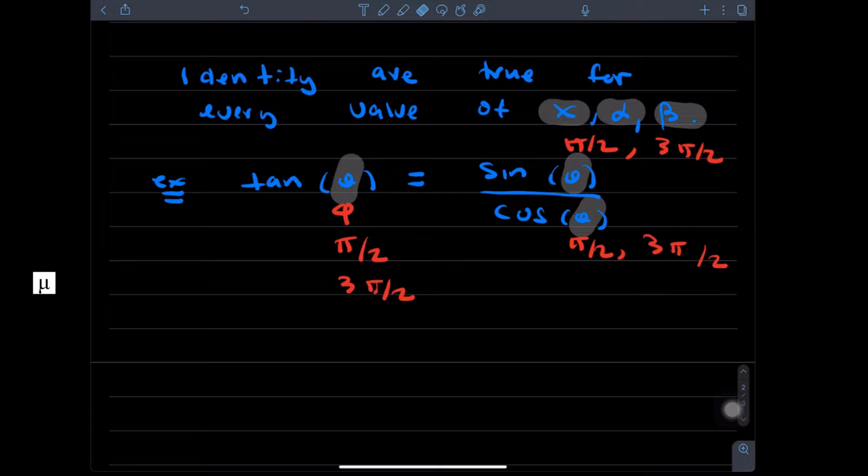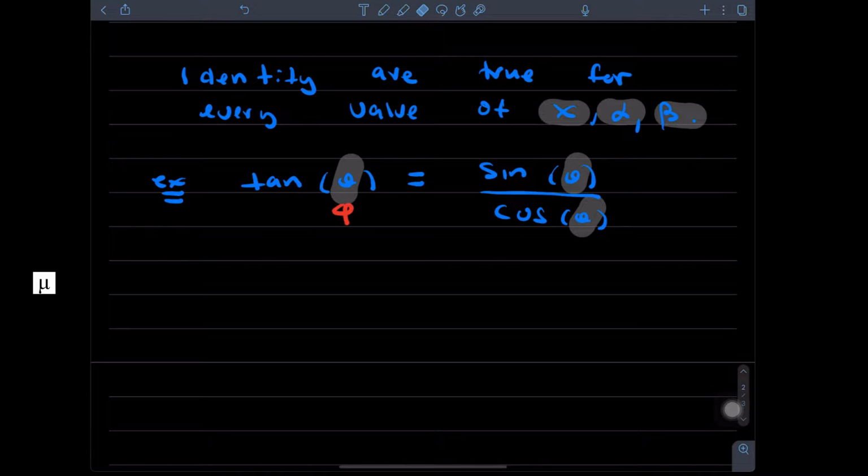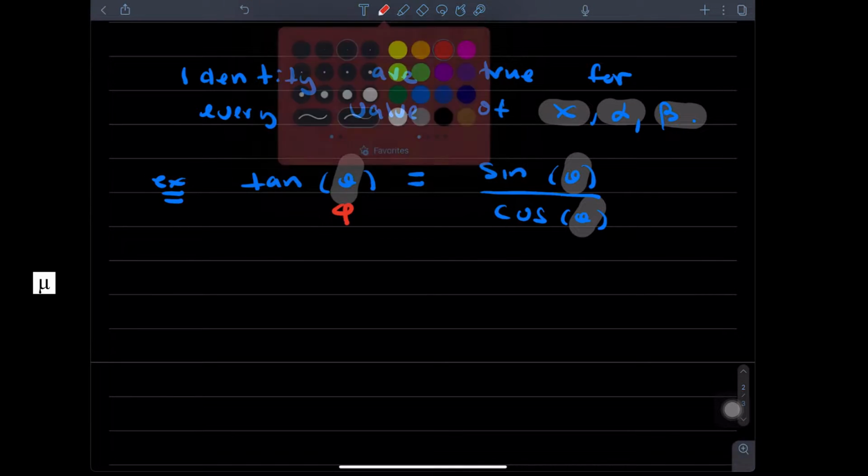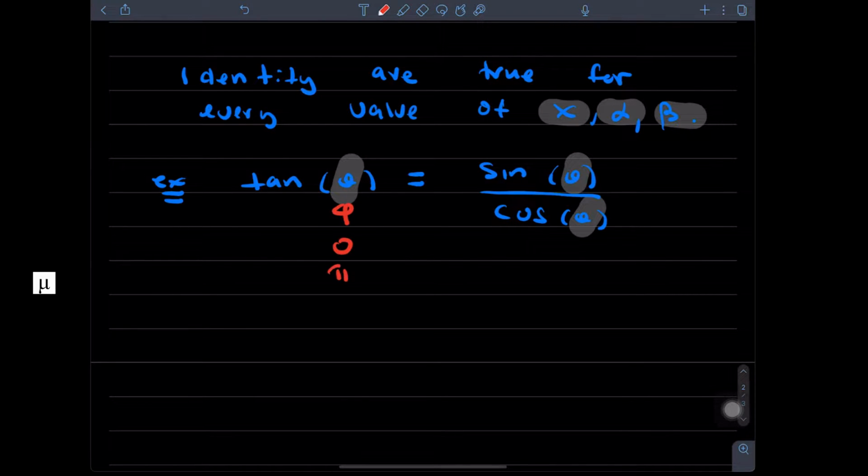These are not going to work because it'll be undefined as a ratio. So if you put 0, pi, or 2 pi here, what you get is a true statement every single time.